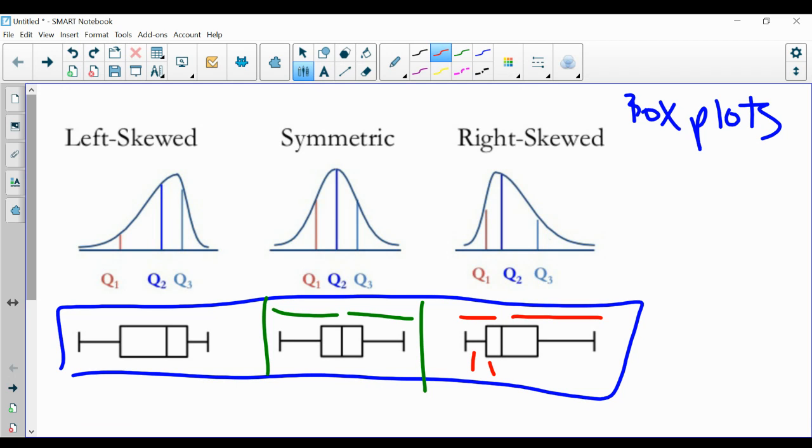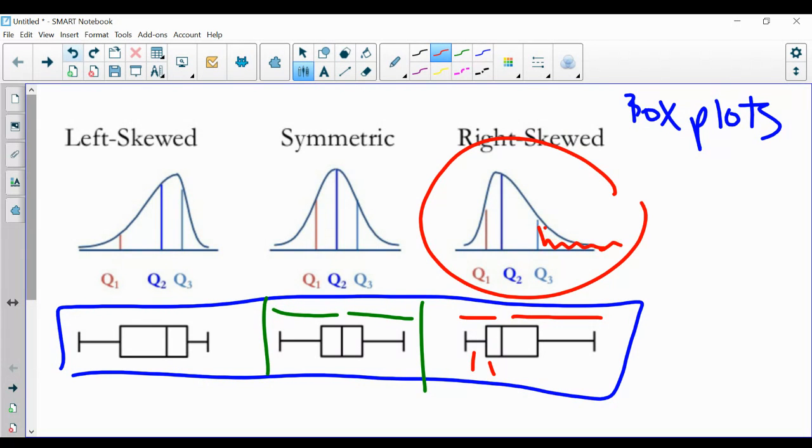So this one would definitely be skewed, and when naming it, whichever one has the tail, so if you look back up here, here's my little tail that kind of drifts off, that's going to tell you the name of the skew. That's going in the right direction, so my answer would be right skewed.